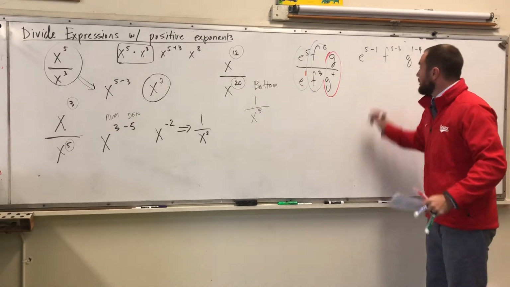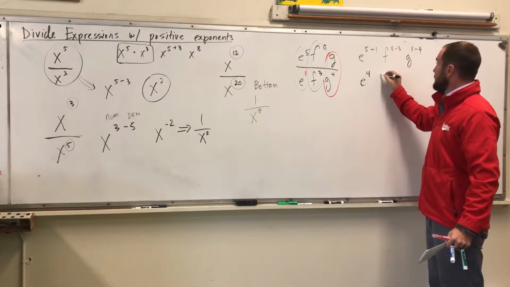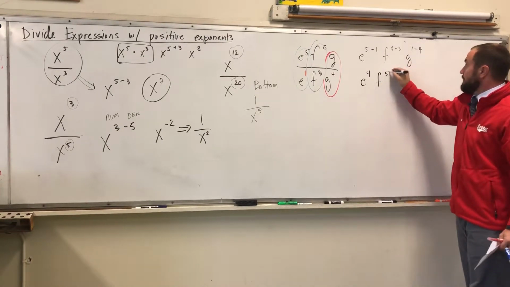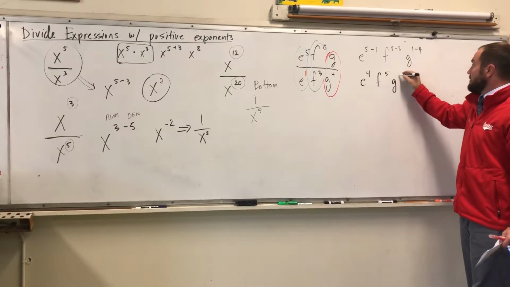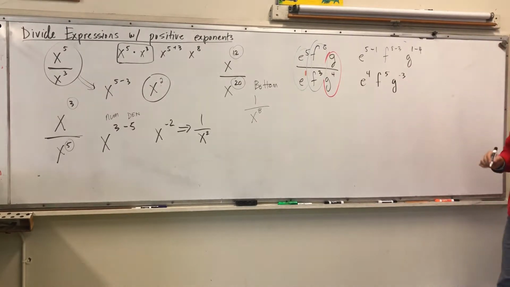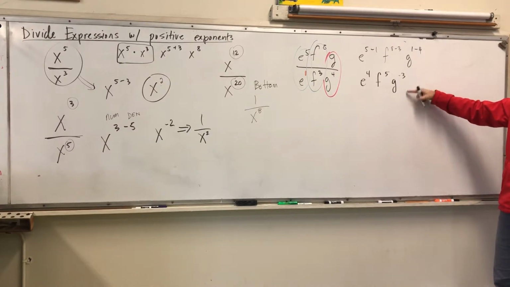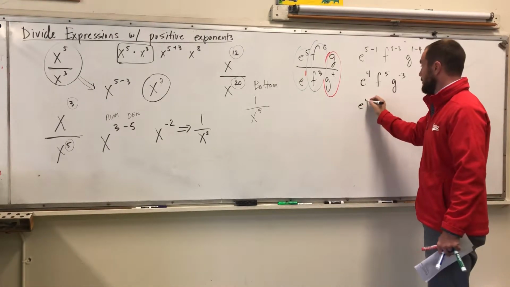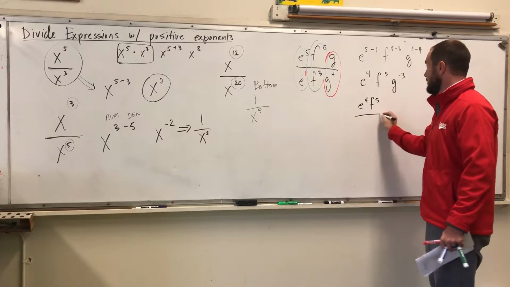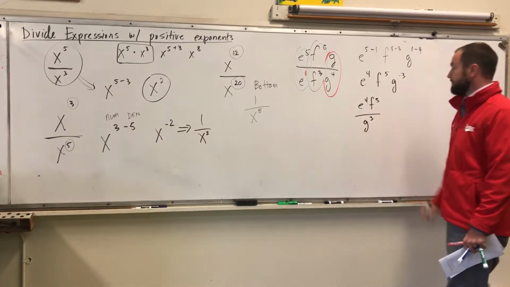And then you have e to the 4th, f to the 5th, g to the negative 3. And then this exponent to the negative power, we're saying this is a dividing variable instead of a multiplying. So that's where we get e to the 4th, f to the 5th, g to the 3rd on the bottom.